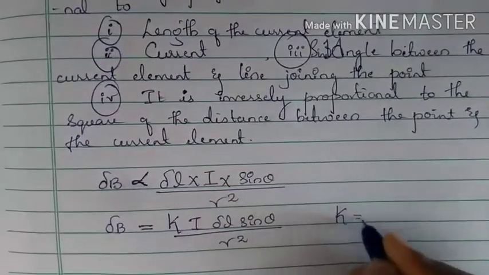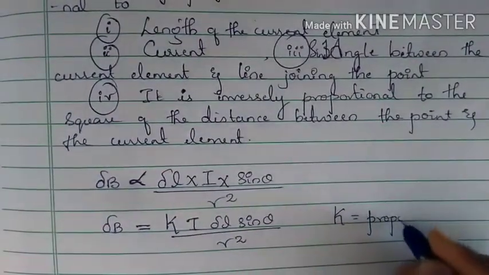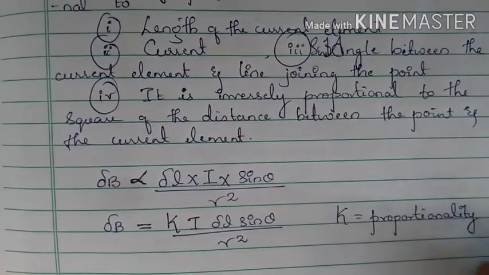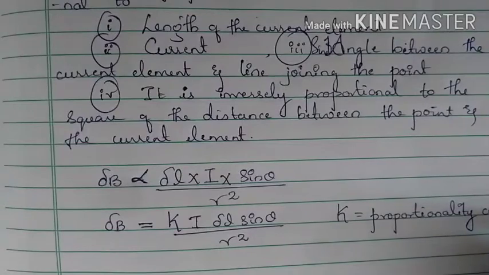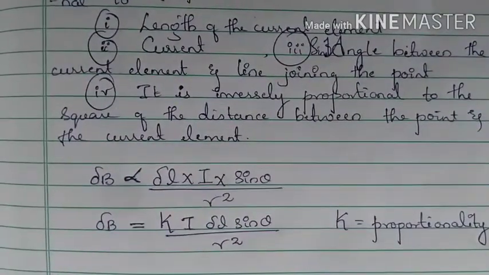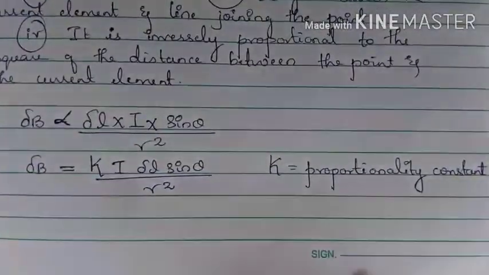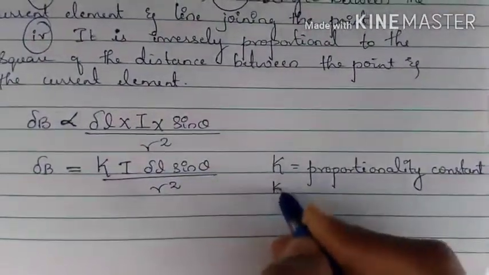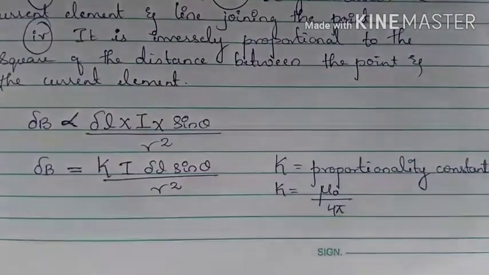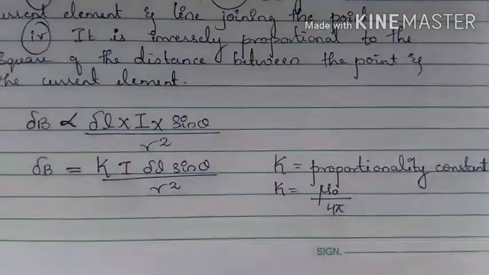So what is K here? K is the proportionality constant, and the value of K is mu naught by 4 pi, and mu naught is the permeability of air.